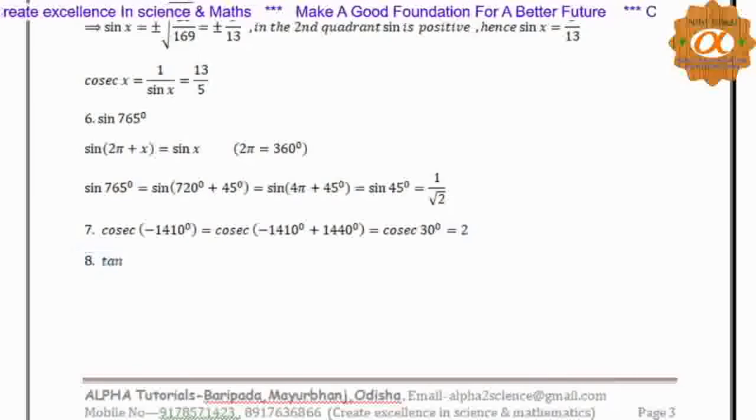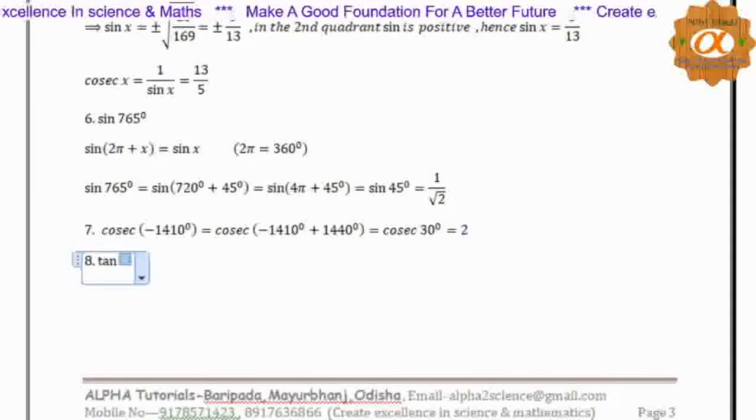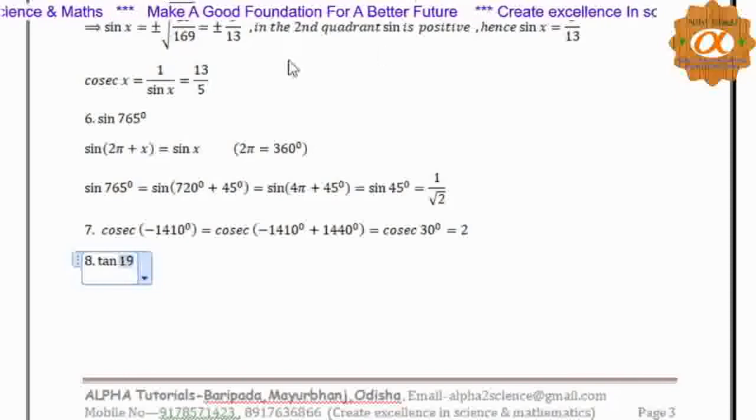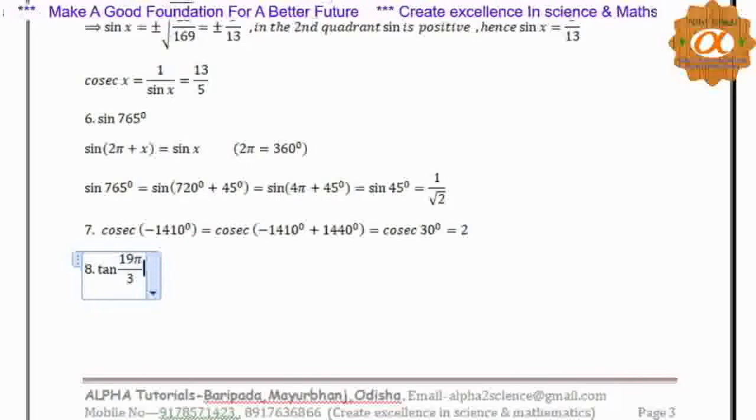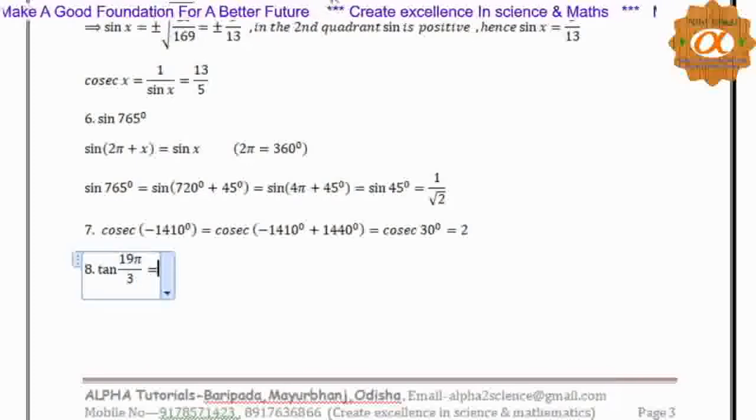Question number 8 is given as tan 19 pi by 3. Now, tan also repeats after every 180 degree.